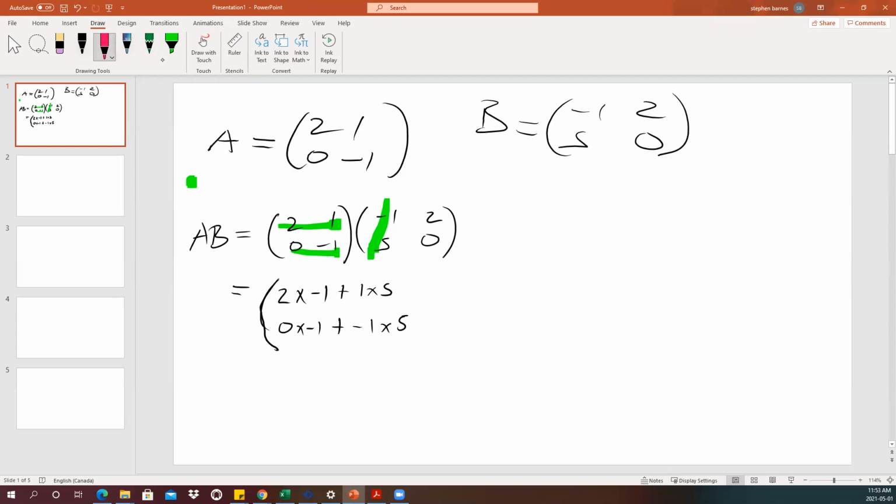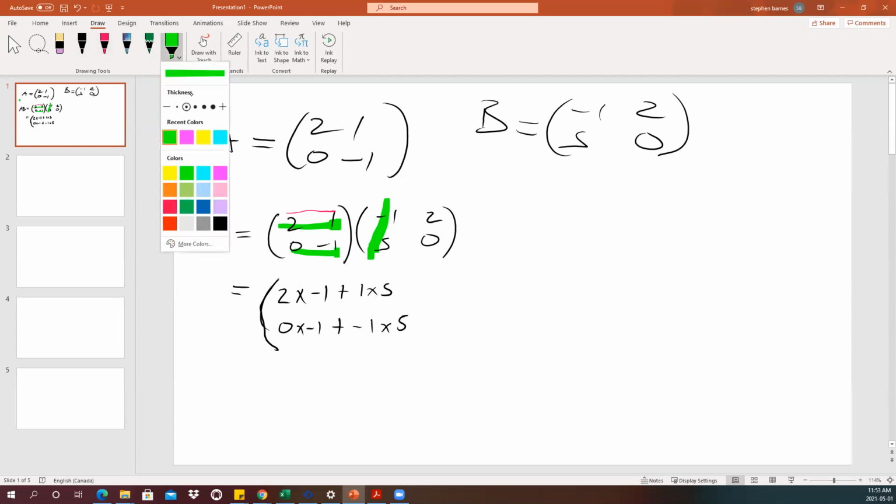So I'm going to now try to find a different color. I'm trying blue. All right.